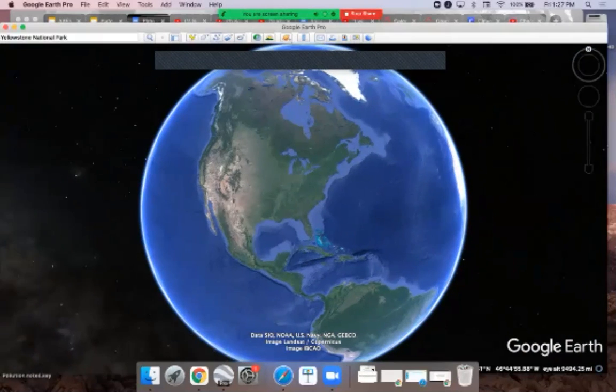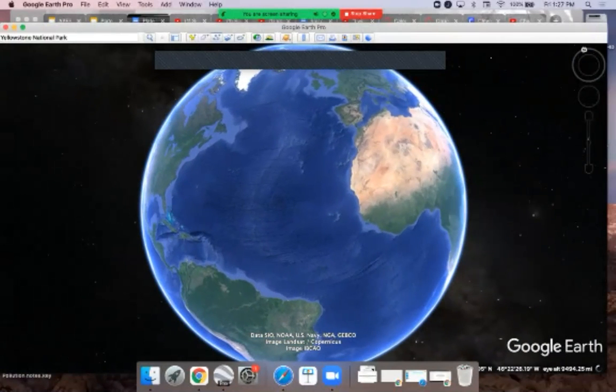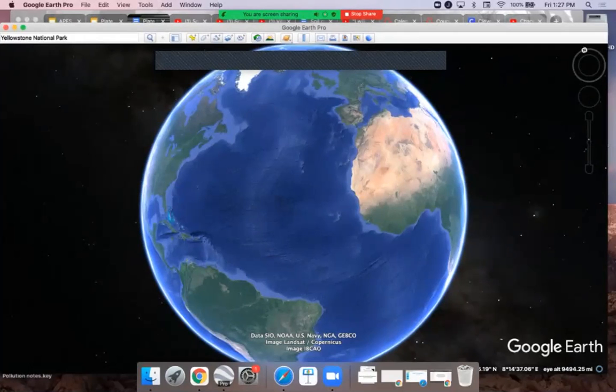Well, as it turns out, plates can move direction. They can change direction. And so we believe somewhere around 200 million years ago, Africa and North America were joined, and the plates that joined them actually were moving together.